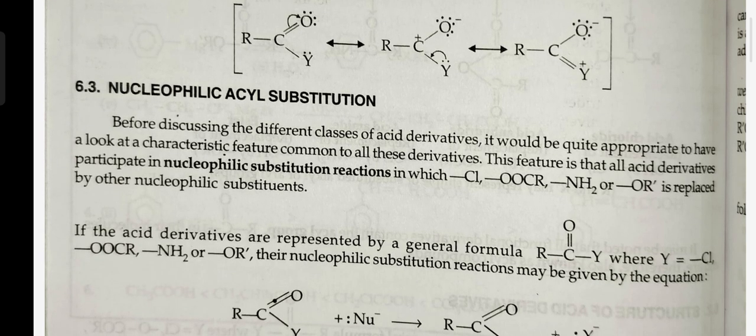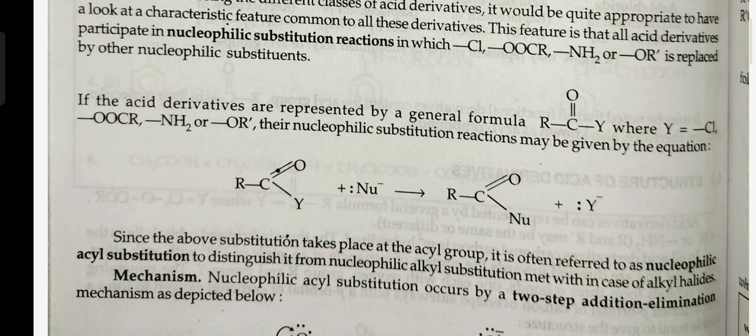If the acid derivatives are represented by the general formula R'C=O Y, where Y is Cl, OCOR, NH2, OR', their nucleophilic substitution reaction may be given by the equation. Since the above substitution takes place at the acyl group, it is often referred to as nucleophilic acyl substitution, to distinguish it from nucleophilic alkyl substitution met with in the case of alkyl halides.